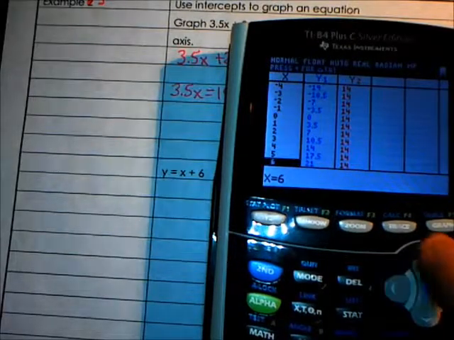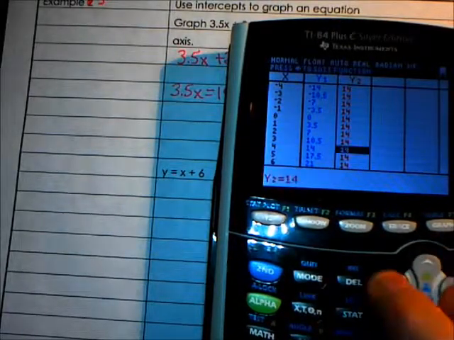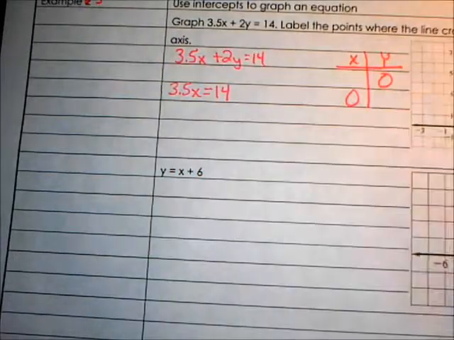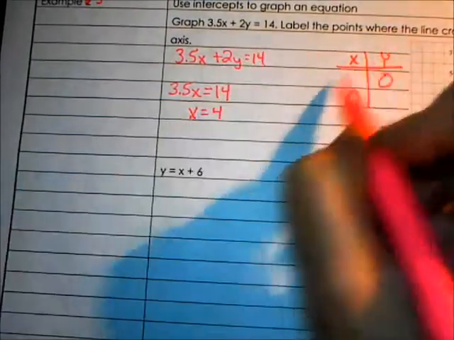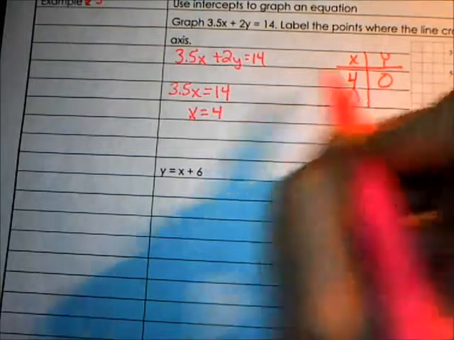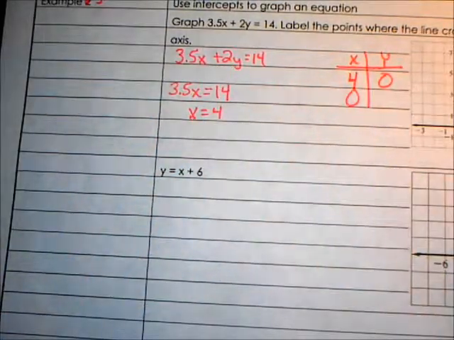Oh, okay, there's my 14 on both of them, so my answer is a 4. So that means in my table, when the y is gone, the x is 4.